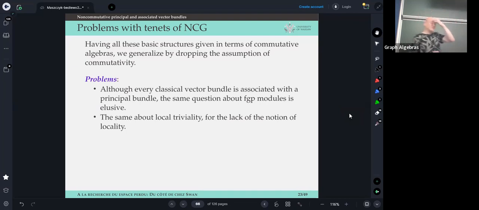The same goes for local triviality. This notion of local triviality is lacking in non-commutative geometry. We can do something in terms of what Piotr could speak about for hours, this approach of mimicking these properties of locally trivial things by means of partitions of unity described in some open covering.